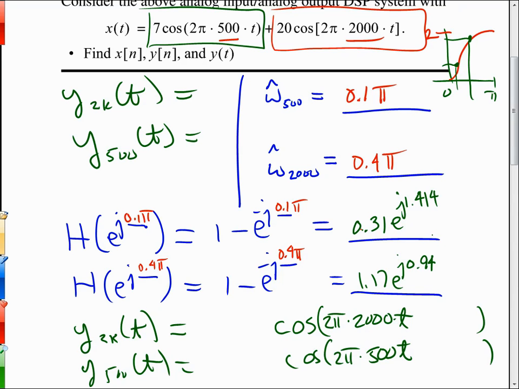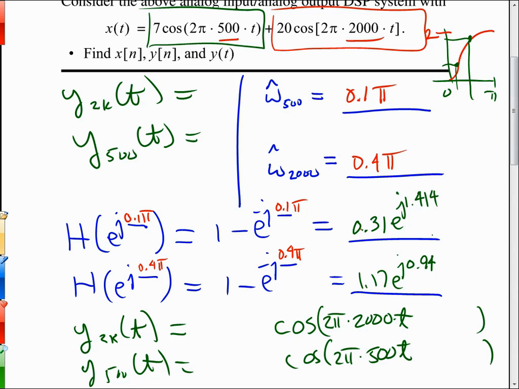What do we have for the 2K then? What do we have to do to get the amplitude out in front of that cosine at 2 kilohertz? The filter is giving us a gain, a magnitude of 1.17, but that gets applied to, what's the input amplitude?